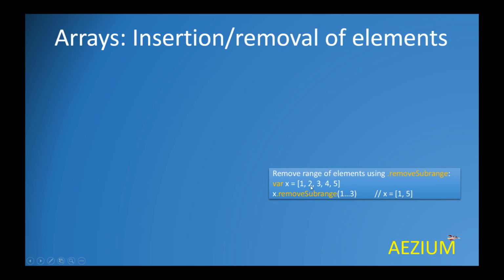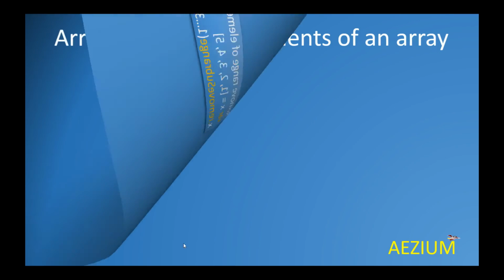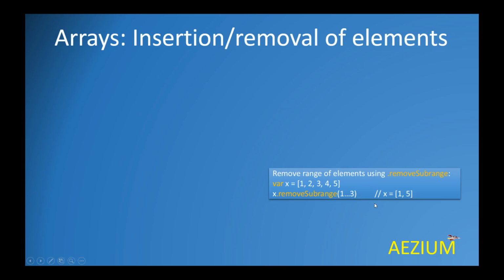If we wanted to remove a range of values of an array instead of just individual values, we can use the removeSubrange as shown here. Within the parentheses in front of removeSubrange, which is a keyword, we insert the desired range.